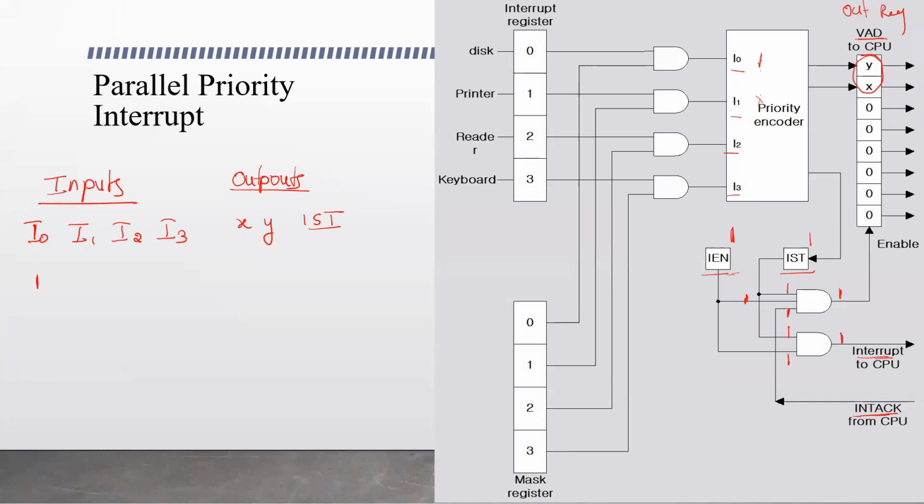As disk is the highest priority device, when I0 is 1 it means the disk has an interrupt request to the CPU, so this needs to be serviced first. To service this, the priority encoder generates a function. It will not consider I1, I2, and I3, so here we denote this in the truth table by don't care conditions. These are not cared about, whether they are 1 or 0.